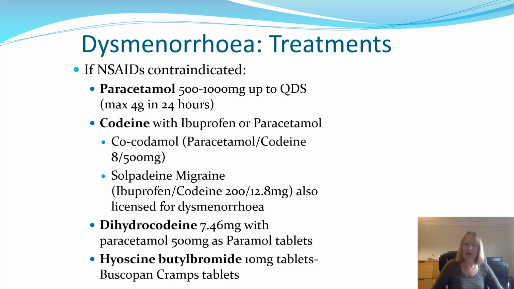We've also got dihydrocodeine with paracetamol, which you can supply over the counter as a P medicine as Paramol. And you've also got hyoscine, which is specific for cramps, because that's an anticholinergic and it relaxes the smooth muscle of the intestine and reduces cramps.